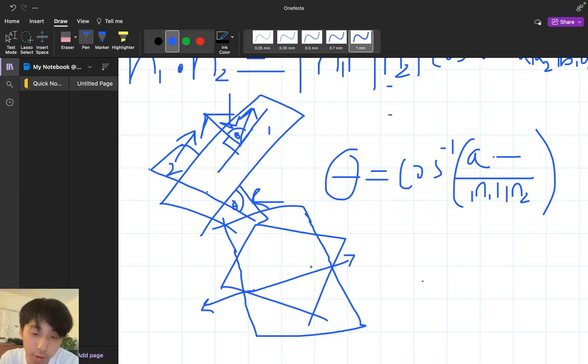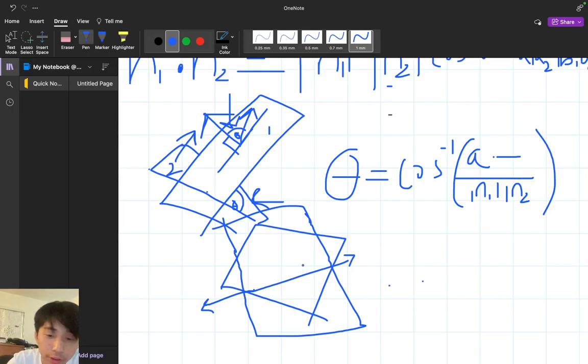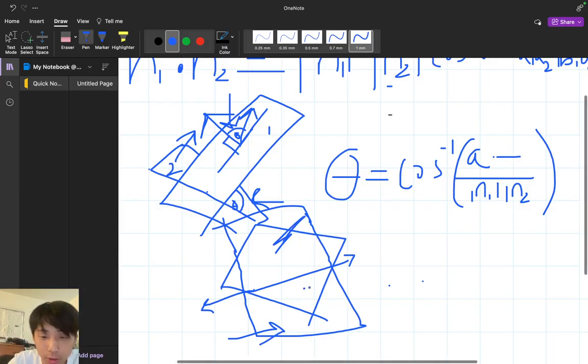Now, to find this line of intersection, we have to know that since this line of intersection lies on both of these planes at once, that means its parallel vector is perpendicular to both normals of the two planes.